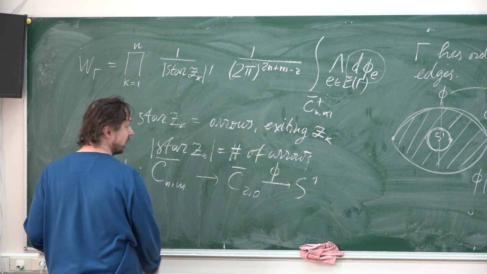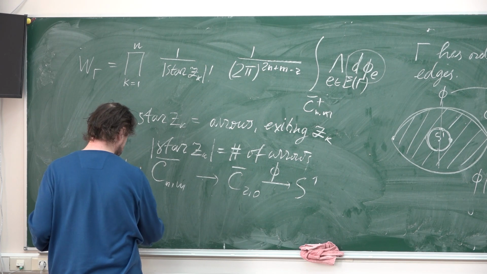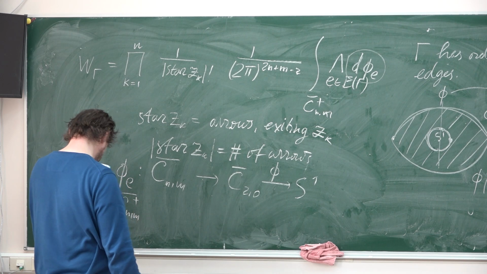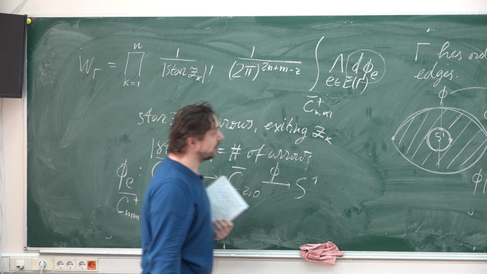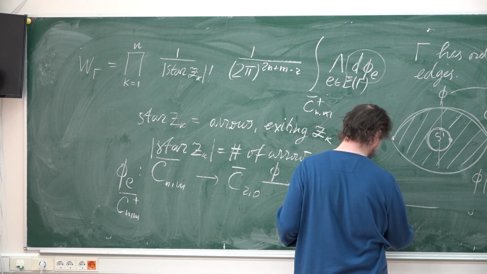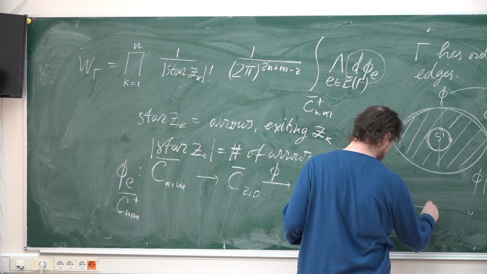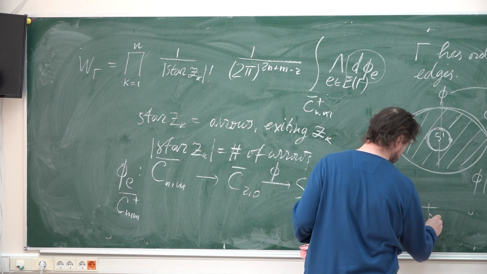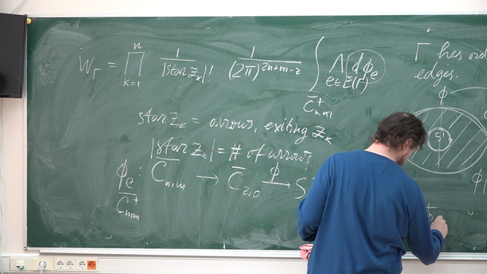Now, what is C and M plus? That's easy, actually. As you remember, there are m points on the boundary of the upper half plane.